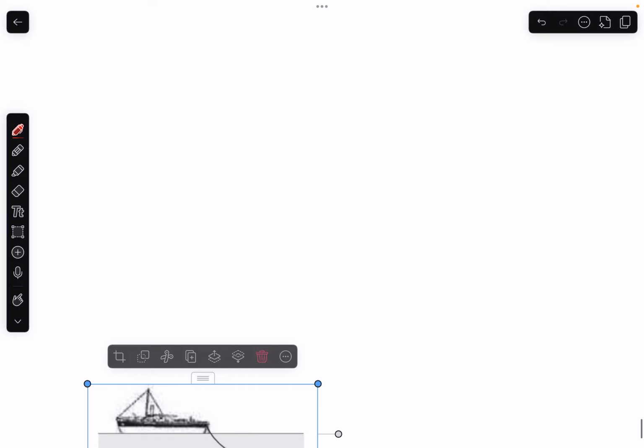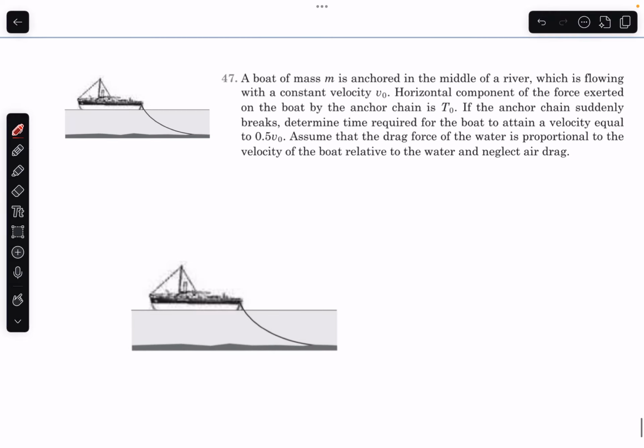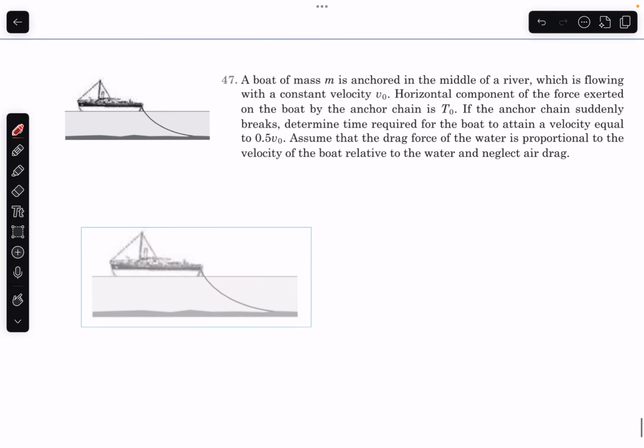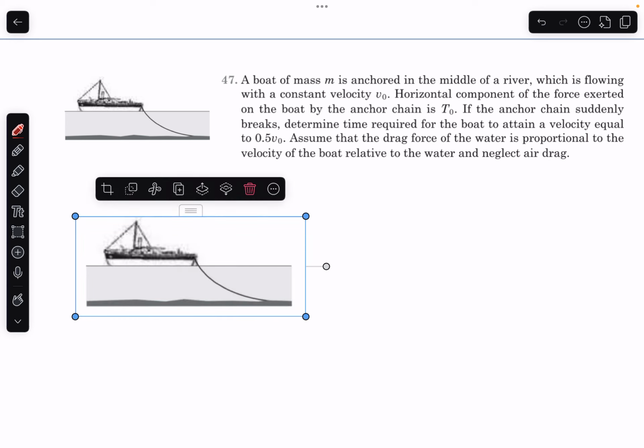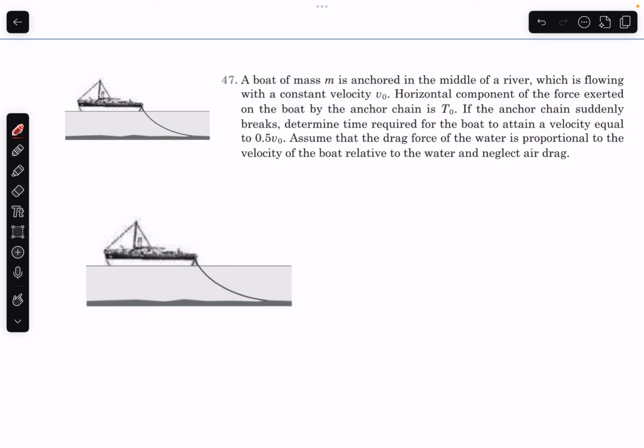So we have the diagram. Let's show the forces initially acting on the boat. Depending on the orientation of the boat with respect to the river, we can say that the river is initially flowing in this direction with a speed v naught, and relative to the river the boat will be moving to the right with the velocity v naught.